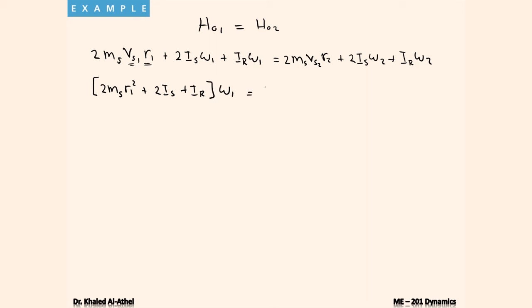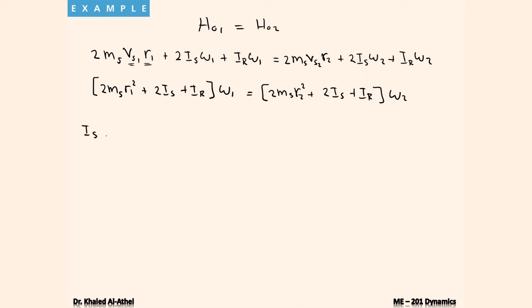This should equal the same thing. It's going to be 2 ms R2 squared plus 2 IS plus IR omega 2.